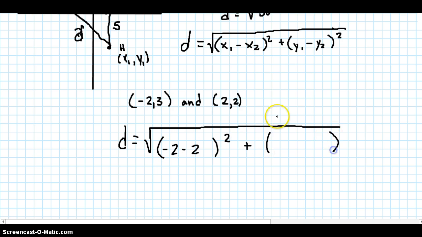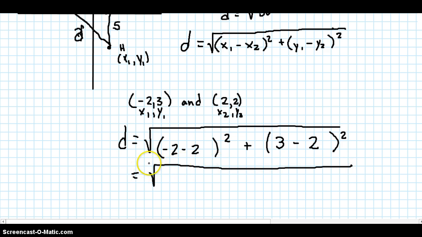We'll add that to 3 minus 2, our y values, 3 minus 2 squared, because this was x1, y1, x2, y2. And I just put in my x1 for x1, y1 for y1, x2 for x2, and y2 for y2.